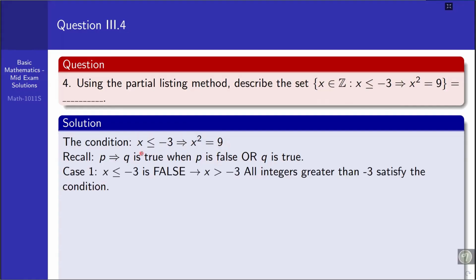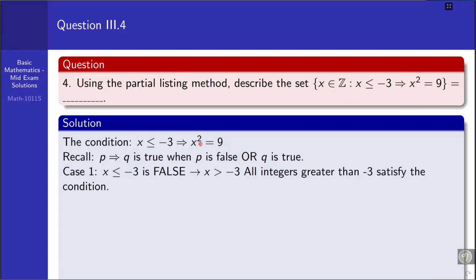Therefore, let us consider cases. In the first case, let's assume that the first one, x less than or equal to minus 3, is false. If this one is false, for this logical implication to be true, x squared is equal to 9 can be either true or false, because both false implies true and false implies false are true.